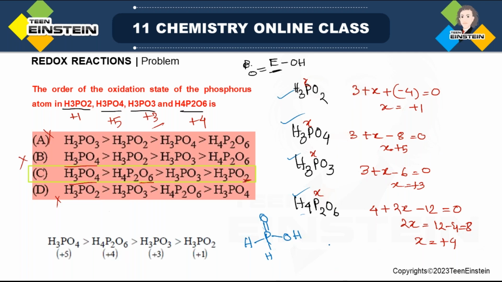Fine. So for H4P2O6, the structure is like this. For phosphorus, this bond we will not consider, but there are total 4 phosphorus-oxygen bonds, so we are getting +4.